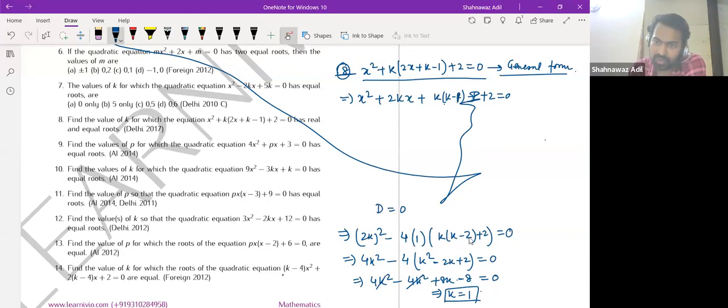Yes, this is minus. So k square minus k. Yes, good. So k, then we'll get, so this is 4k and then 2. Good. Yes, understood, Shaima.